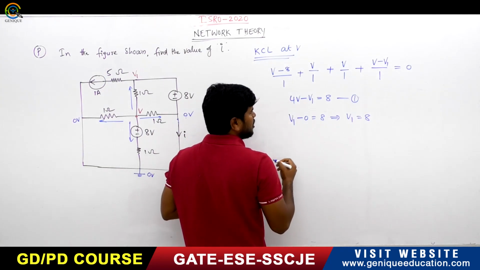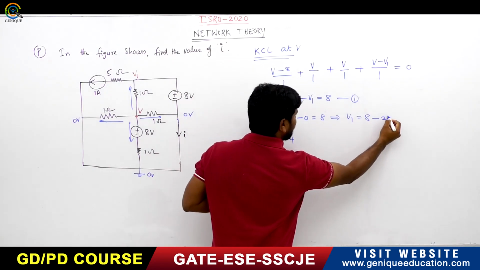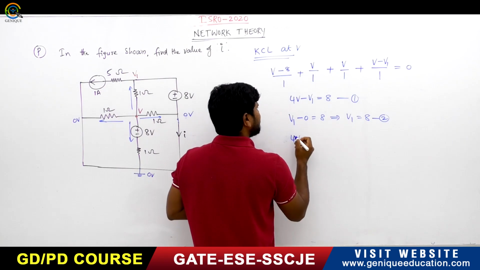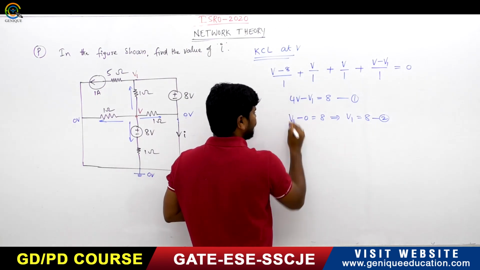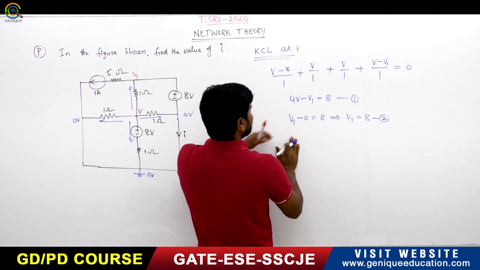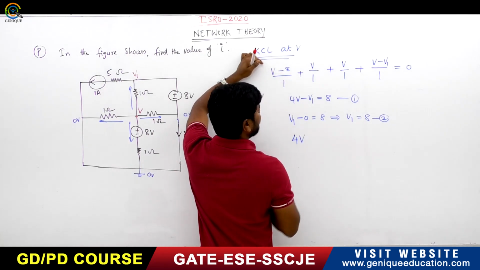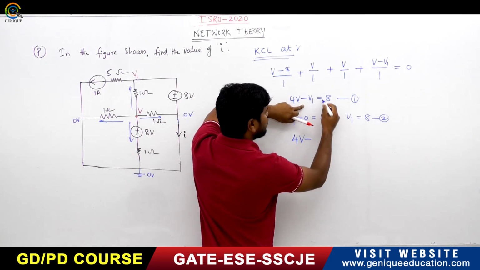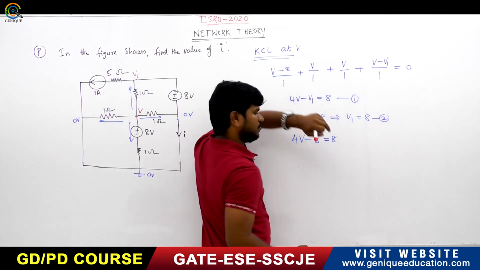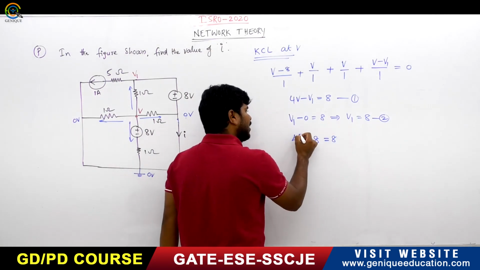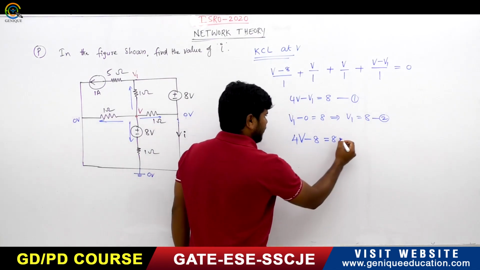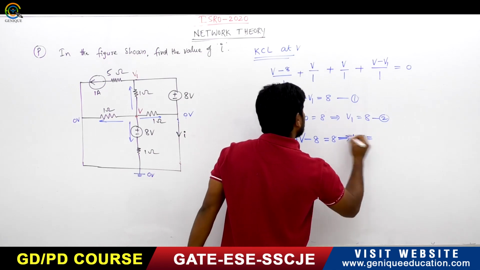If you put this value here, 4V minus V1 is 8 minus 8, so 4V is equal to 16.